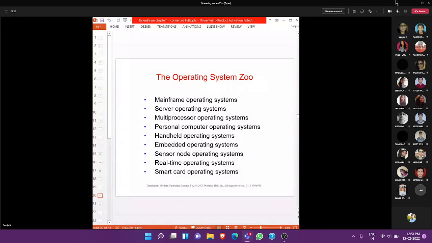This mainframe operating system provides three different kinds of services. What are those? The first one is batch processing, which will be supported by the mainframe operating system. Second, transaction processing will also be supported. Third, time sharing processing will also be supported by the mainframe operating system.